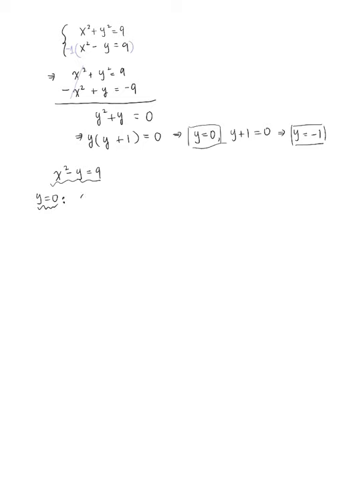Then if I do that, you're going to have x squared minus 0 equals 9, which is x squared equals 9. Now be careful on the next step. Remember, when you take the square root, x is going to be plus or minus the square root of 9, which is x equals plus or minus 3.